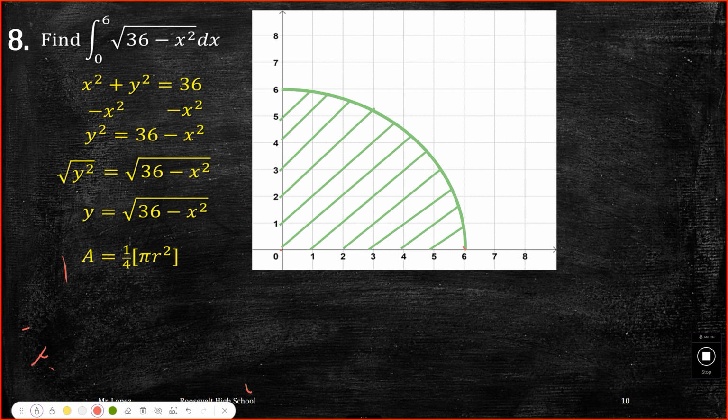So it's got to be a fourth of the area of a circle. The radius is 6, so 36. A fourth of 36 is 9 pi. Yeah, 9 pi.